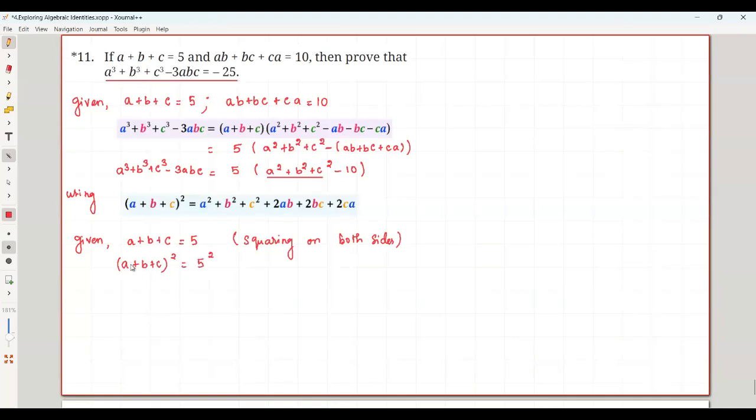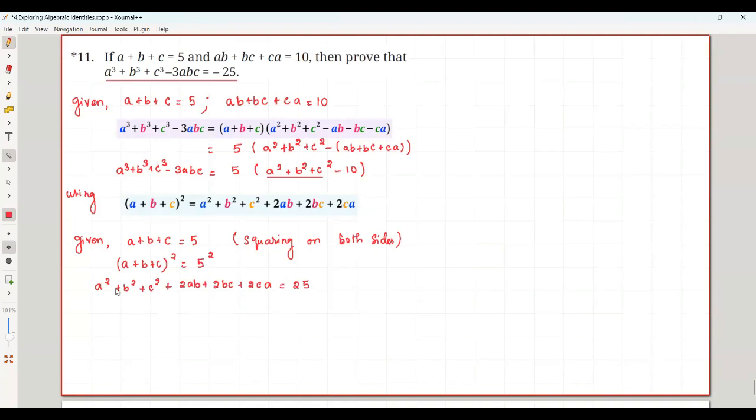Now we can apply the formula for this. A plus b plus c the whole square means we are getting a square plus b square plus c square plus 2ab plus 2bc plus 2ca is equal to 5 square, which is 25.